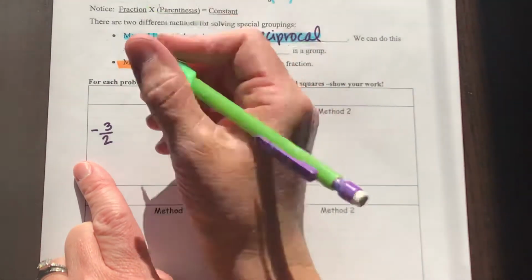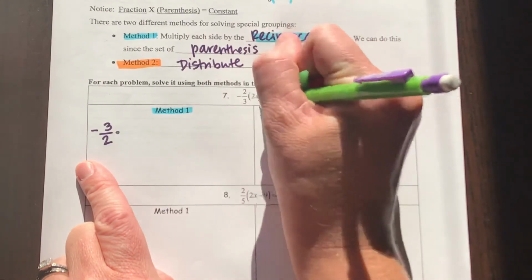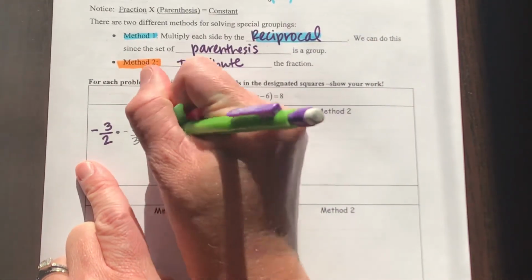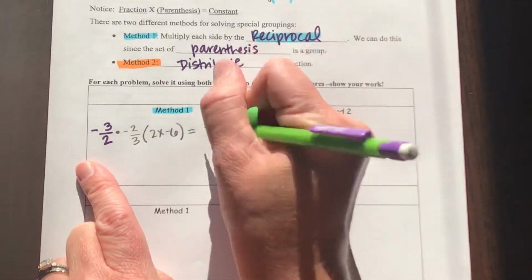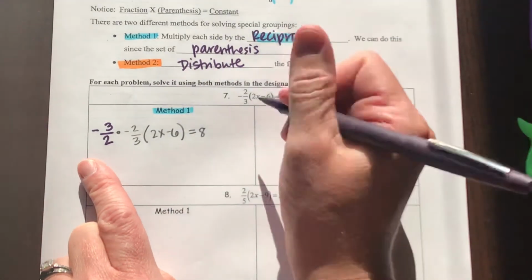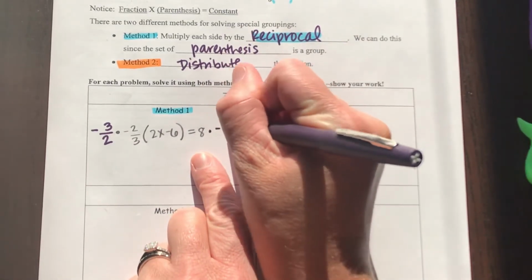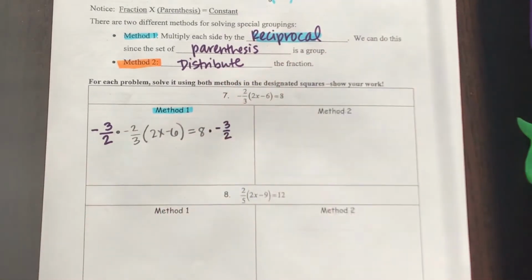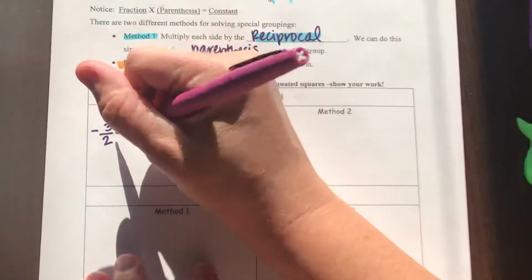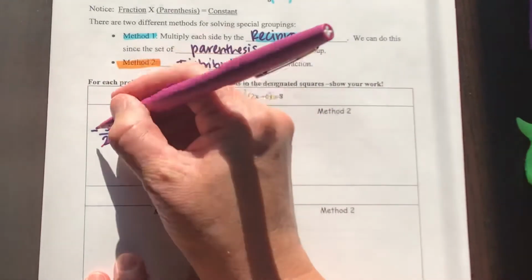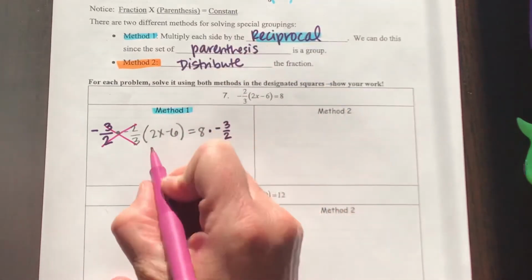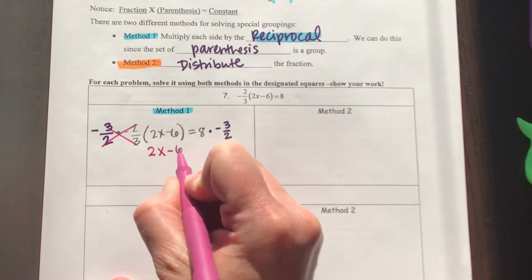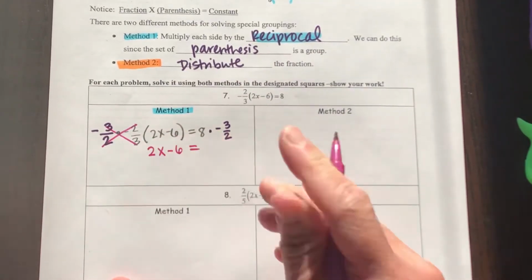And I'm going to multiply that by this side of my equation, and I am also going to multiply this side of my equation by that same reciprocal. Now your fractions are going to completely cancel each other out, and the negative times the negative will also cancel out. So I will have 2x minus 6 left over on this side.